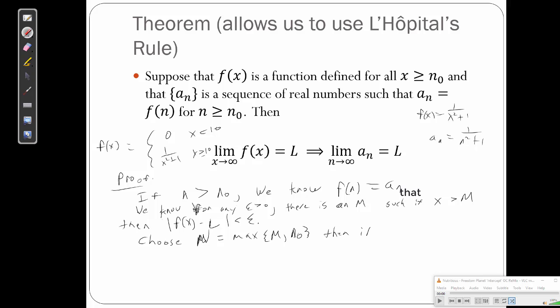Then, if little n is bigger than N, a sub n minus L has to be equal to f of n minus L, which we know for any x value, which the n's would be included, is less than epsilon, which is our proof. That shows a sub n has to converge to L.